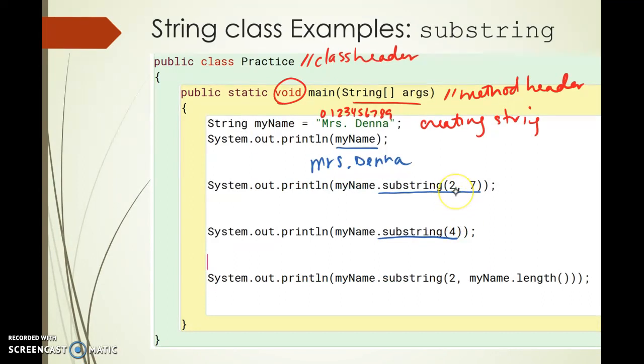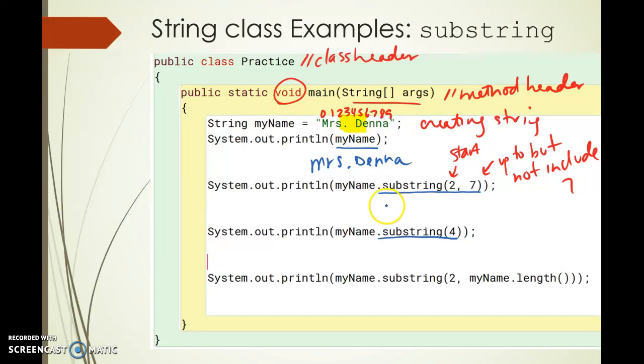So when I see substring 2 to 7, that is saying that I want to start here and go up to, but not include 7. So that's essentially going to take characters 2 through 6. So that would take the S all the way to the E in Dena.